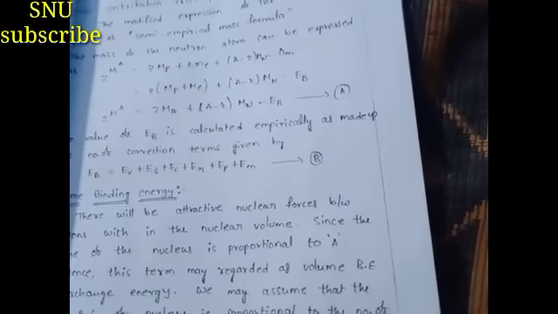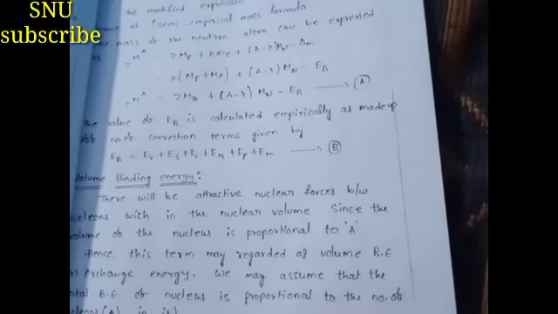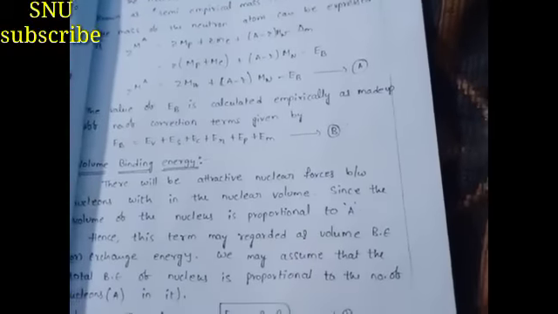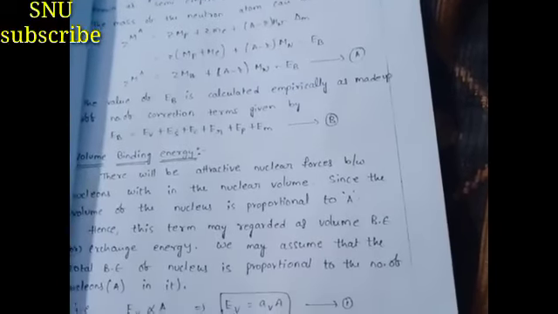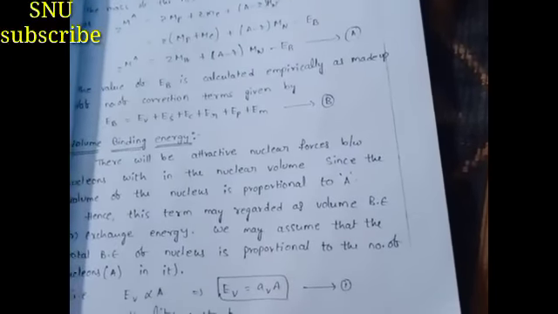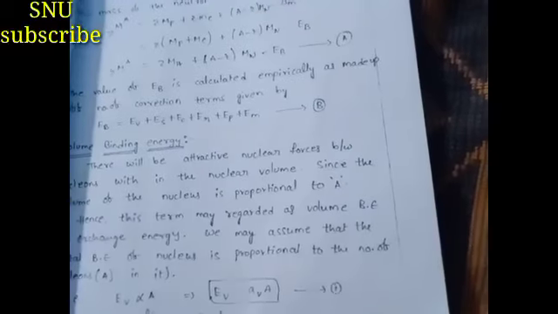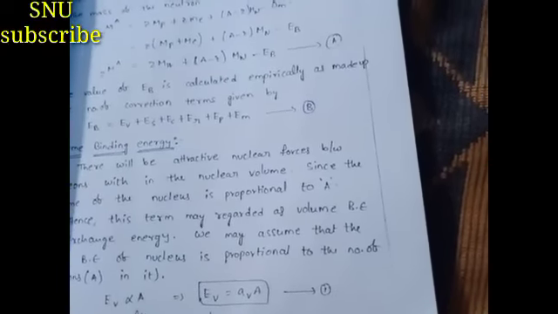This is equation B. Volume binding energy. There will be attractive nuclear forces between nucleons within the nuclear volume. Since the volume of the nucleus is proportional to A, this term may be regarded as volume binding energy, exchange energy.